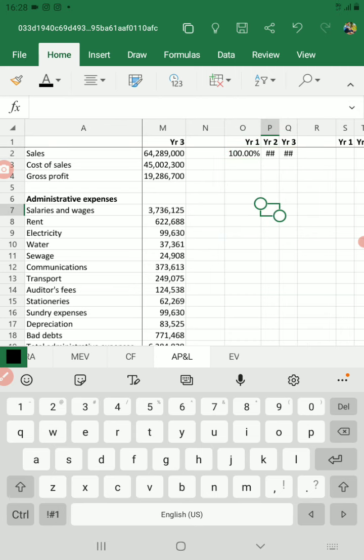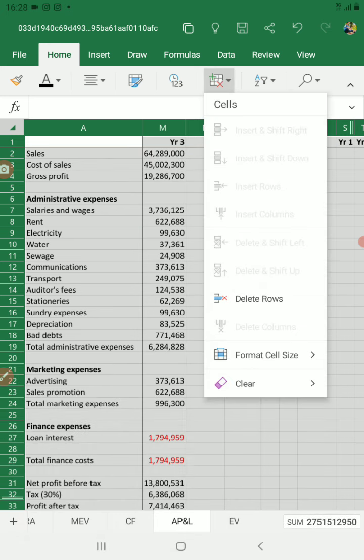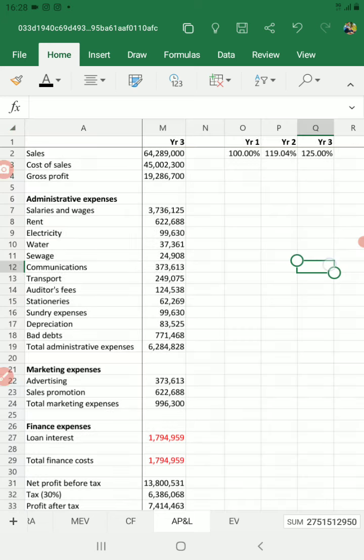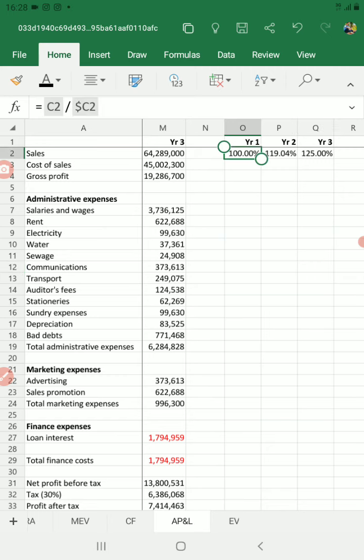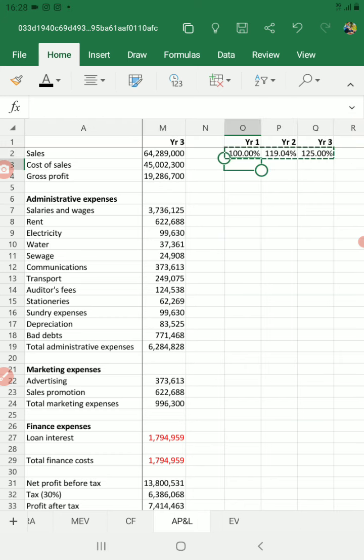And again let me autofit the column width, so that we see the percentage well. Now I can copy all this and then paste them below.